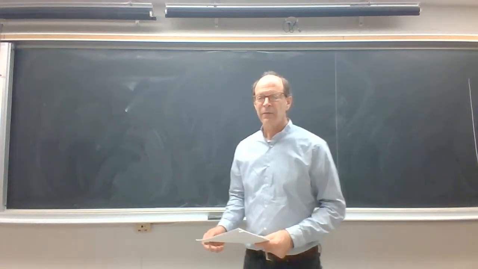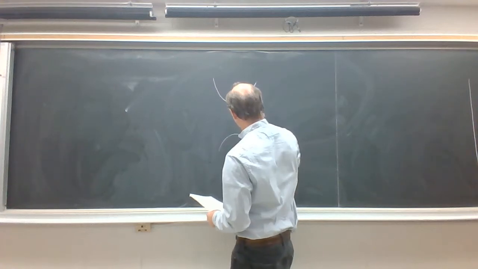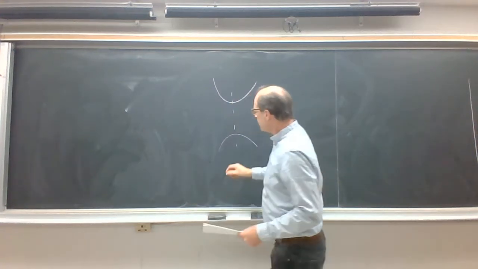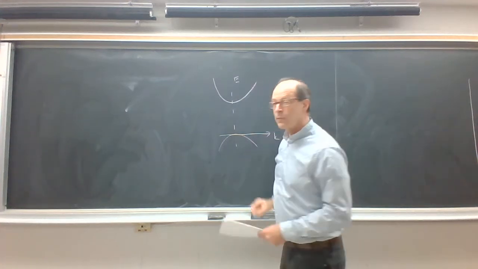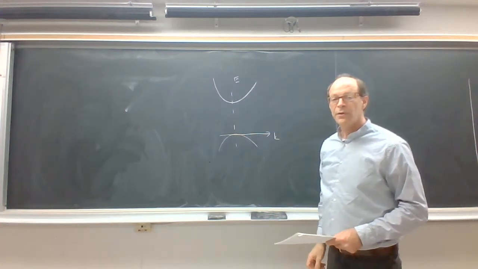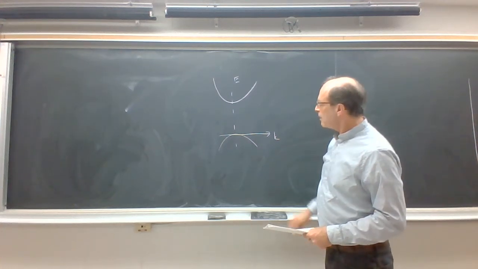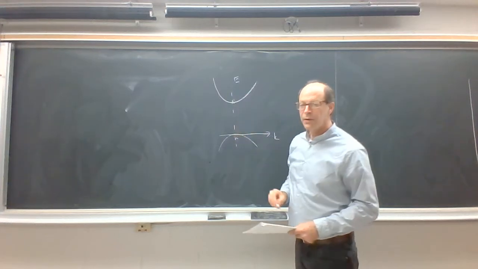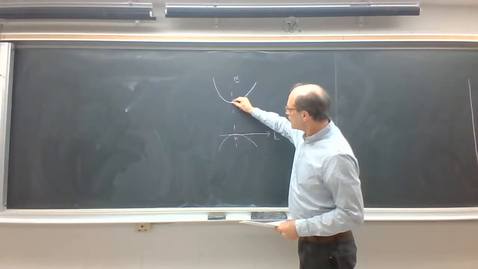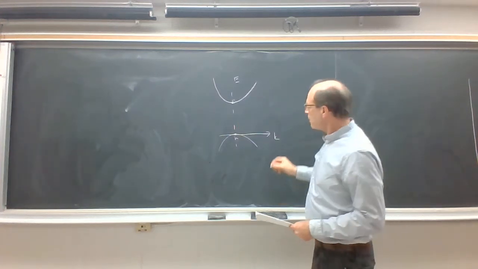So if you look at the valence band and conduction band, you can plot E versus K, and in that diagram, the recombination of an electron in the conduction band and a hole in the valence band can occur at the bottom of the conduction band and at the top of the valence band.